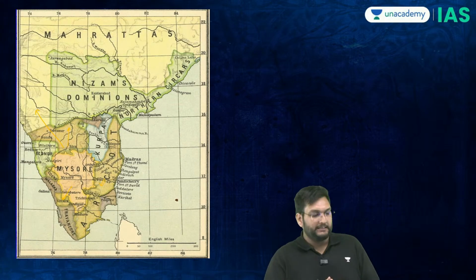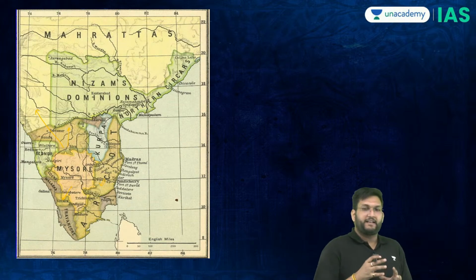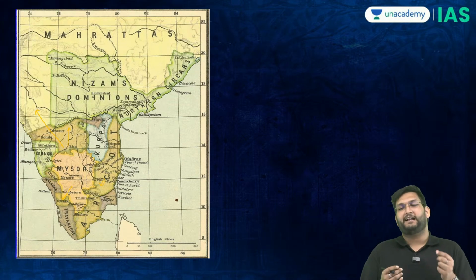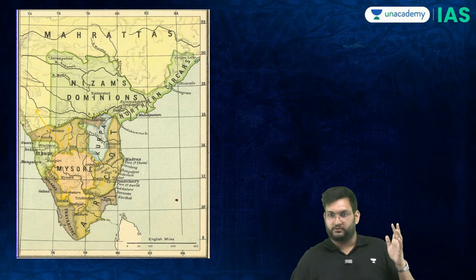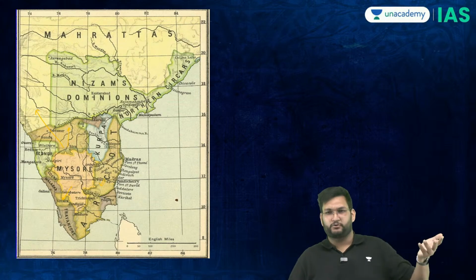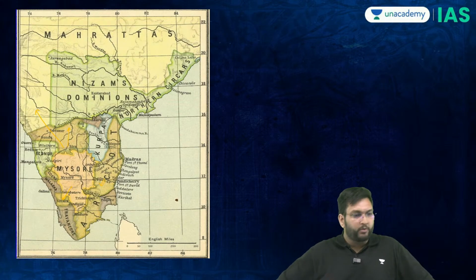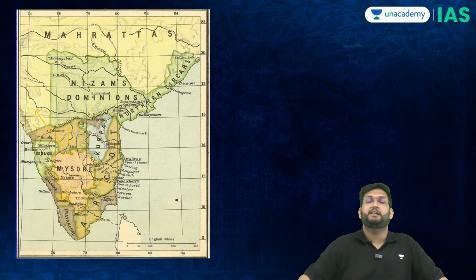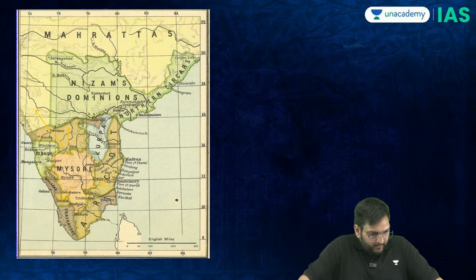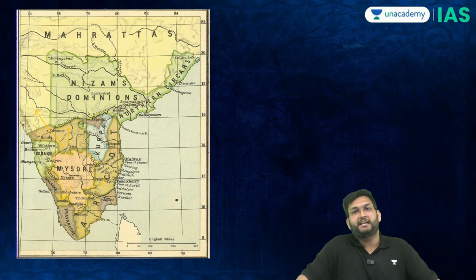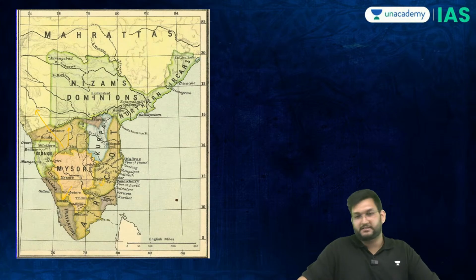Hyder Ali is going to very quickly realize one thing, and this is where Hyder Ali and Tipu Sultan, more Hyder Ali, less Tipu Sultan, but both of them were conscious that the real problem in the peninsular sector is not the infighting or the Marathas or the Nizam or this and that.